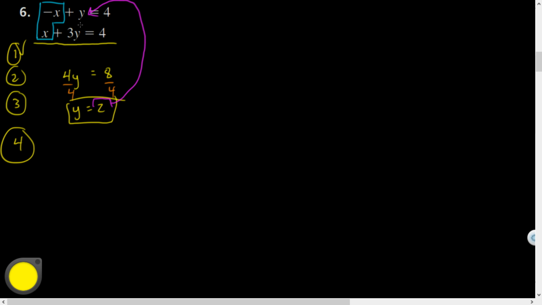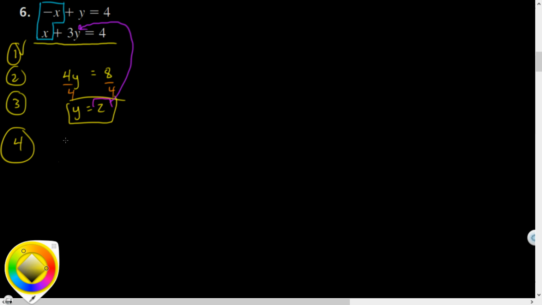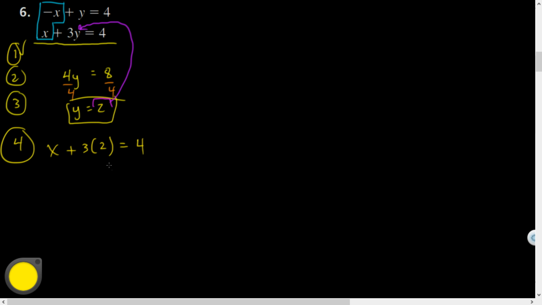You plugged it in for the bottom one? Actually, I like that because this one has a positive x and this one has a negative x. I'm going to take your suggestion. Good idea. I'm going to plug it into the bottom one, but you could plug it into either and get the same answer. So x plus 3 times 2 equals 4. And x plus 6 equals 4.